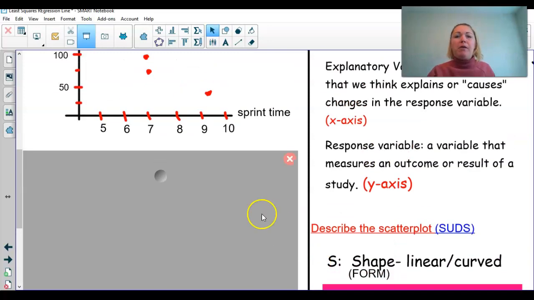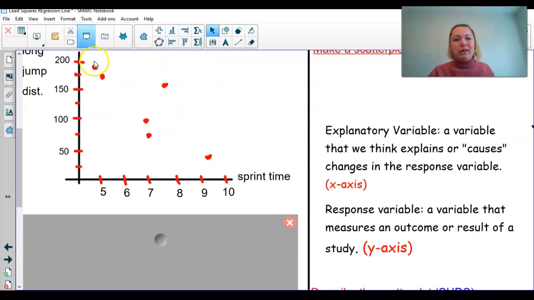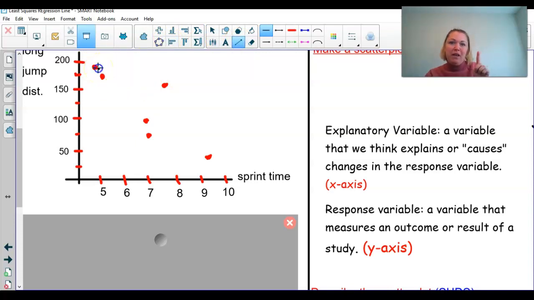So we want to look up here and say, what does this look like? If I would draw a line of best fit, a line of best fit would have approximately half the points above, half the points below. I think this would maybe be my line of best fit, approximately. I think that's pretty linear.